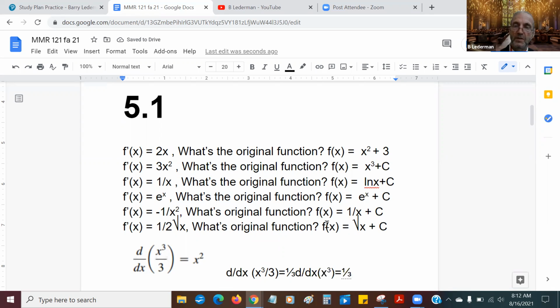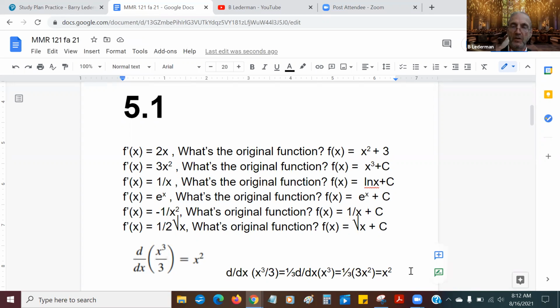The derivative of x cubed is 3x squared. We have that right up here. And let's not forget the plus c. This is equal to 1/3 times 3 times x squared, and 1/3 times 3 is 1, so we get just plain x squared. And that's where it comes from.